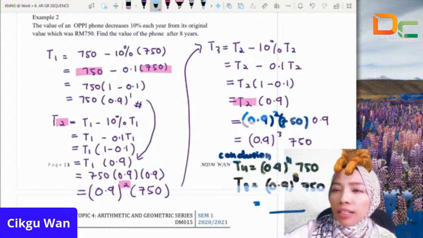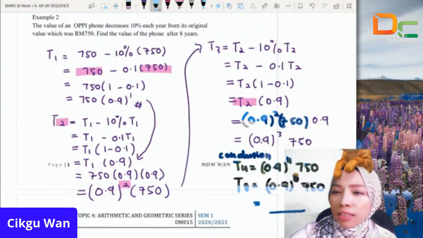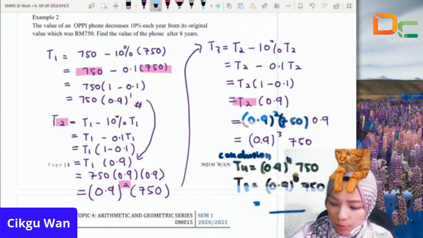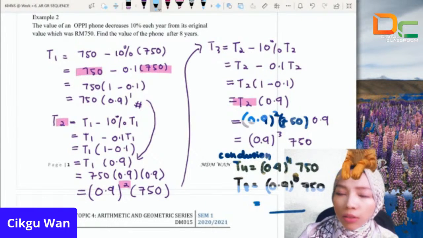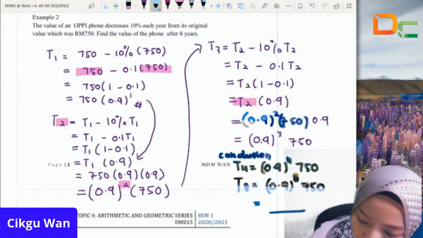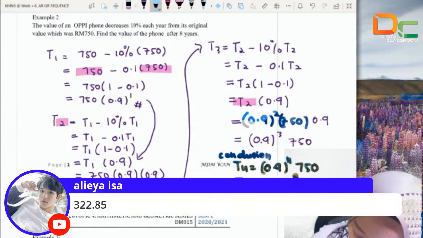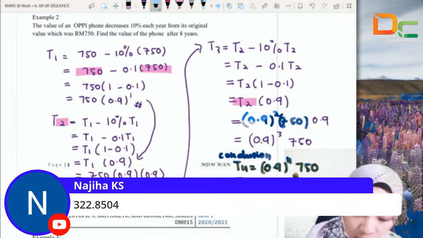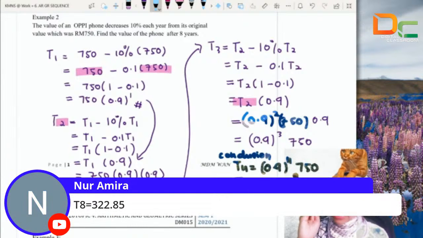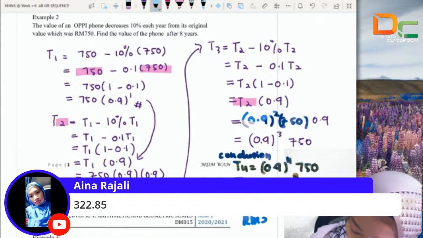Okay, let me use the calculator on my phone. 0.9 to the power of 8 times with 750. Okay, 322.85 RM. So the value of the phone after 8 years will be RM 322.